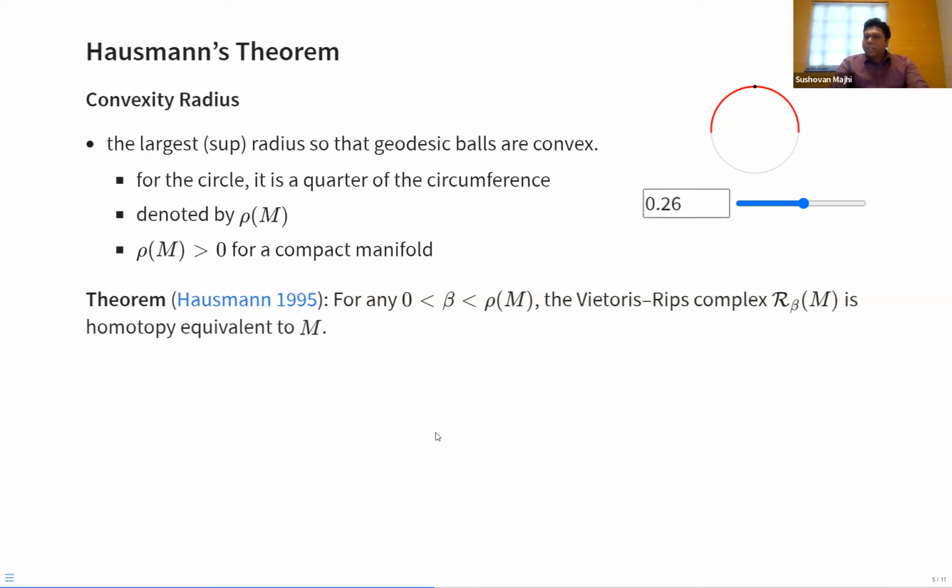All right, so that's Hausmann's theorem, and today we're going to use Hausmann's theorem to demystify Latschev's theorem.